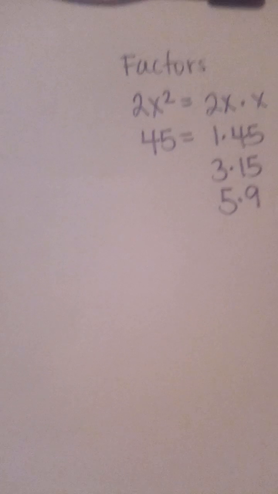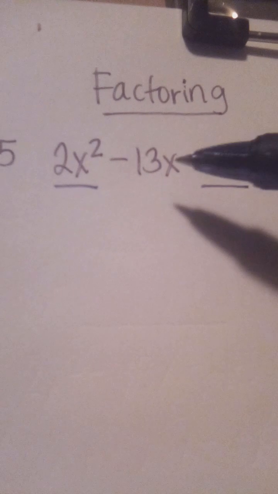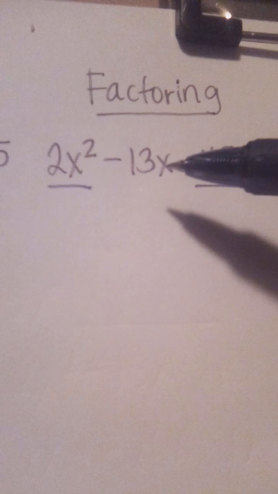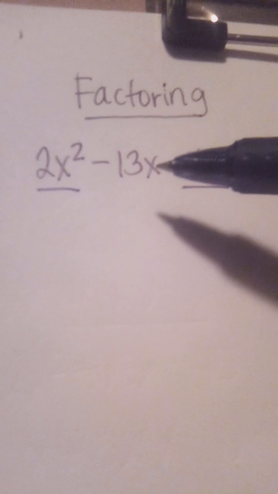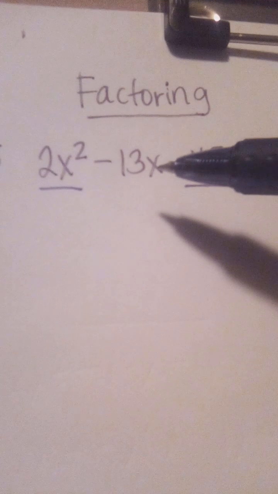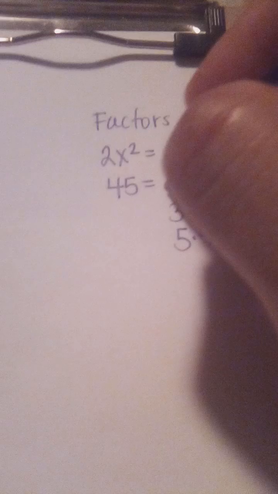We've got the first and last terms factored. Pay attention to the middle term, because the middle term will determine which factors are going to be used. We know that 1 times 45 will be out of the question.